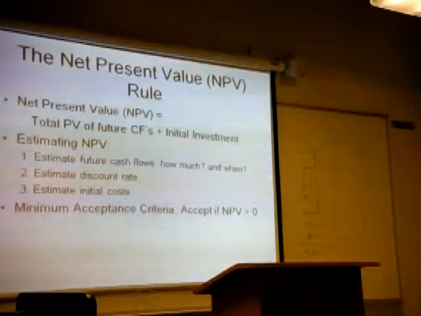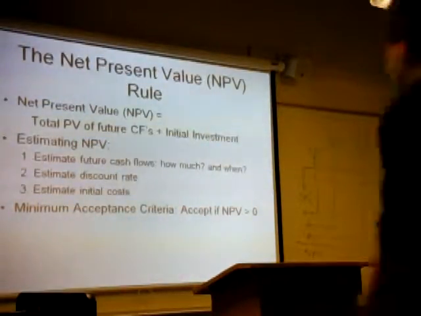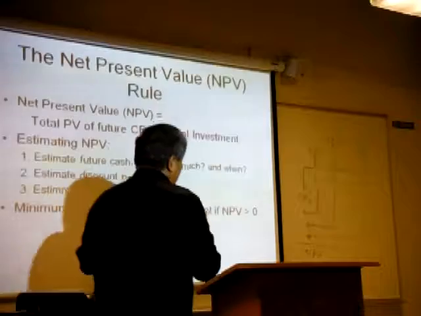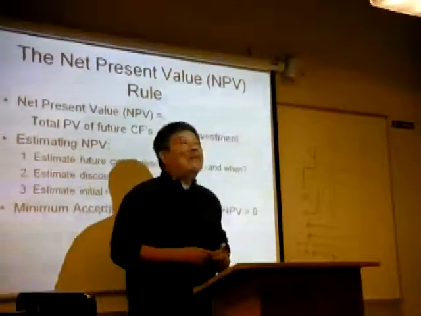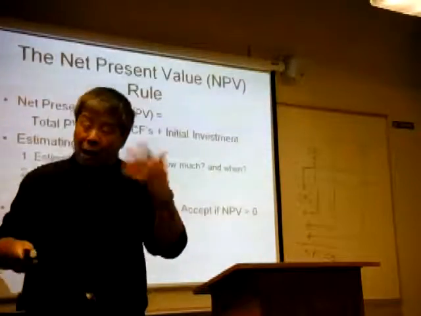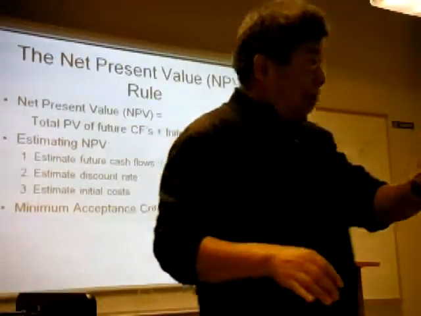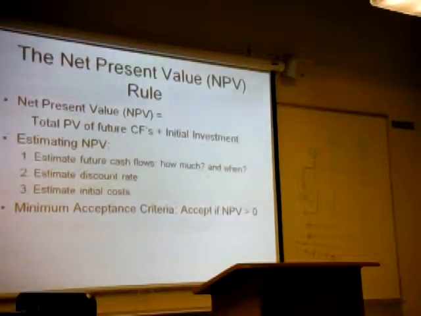Looking at everything in today's dollars, the rule says this should be positive or non-negative. Now my argument is that even if it's break even, with a net present value of 0, we're still going to take this project. Only when it's negative, meaning you are losing money, do we reject this project.